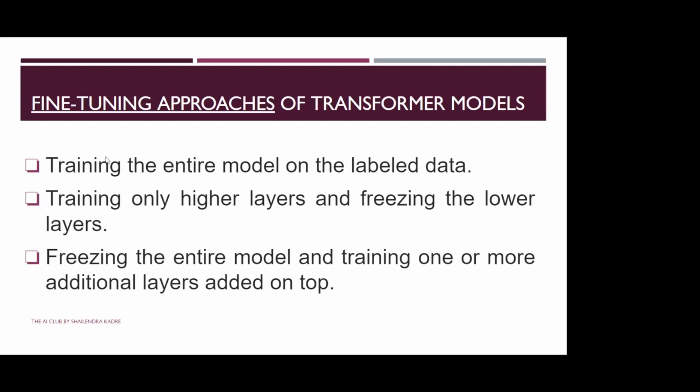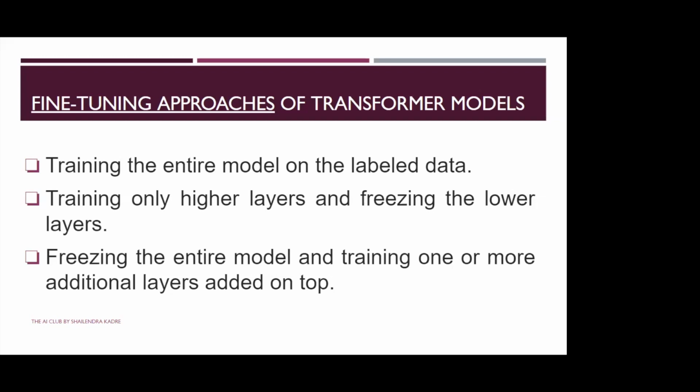First, training the entire model on labeled data, making everything trainable. Second, training only higher layers and freezing the lower layers. Lower layers are mostly the dense layers consisting of neurons, or in the case of a transformer, additional batch normalization kind of layers.